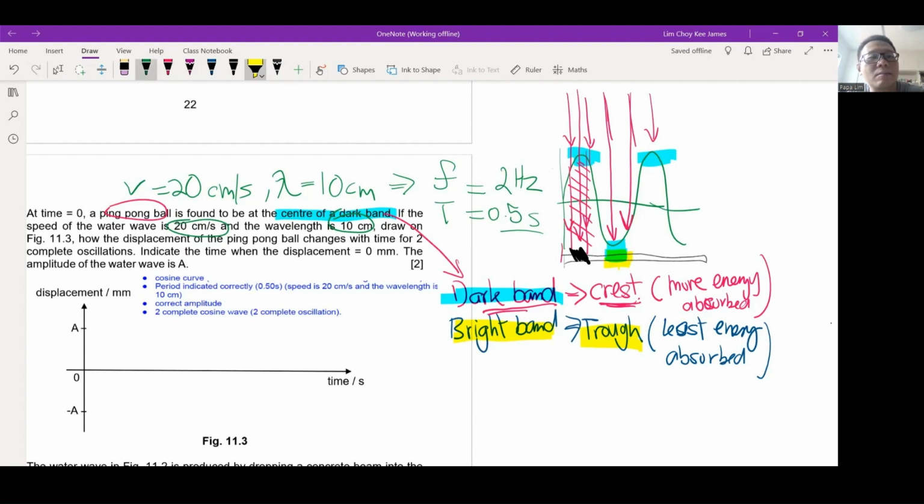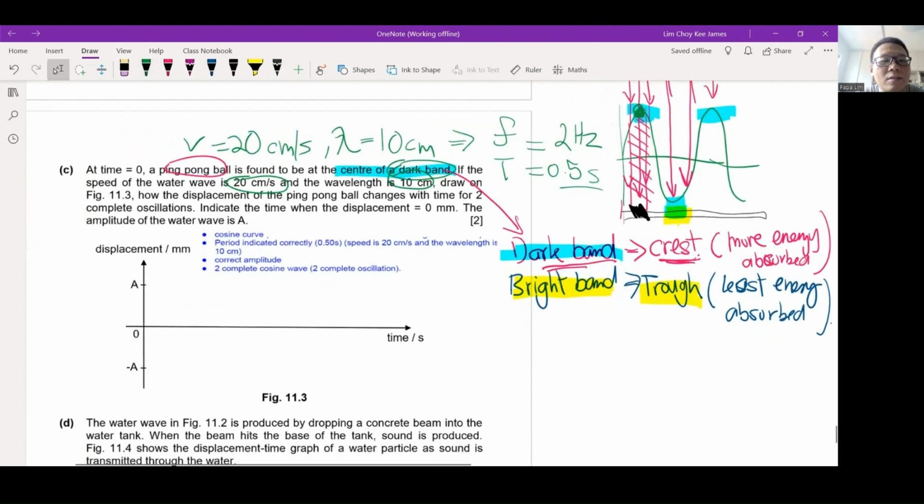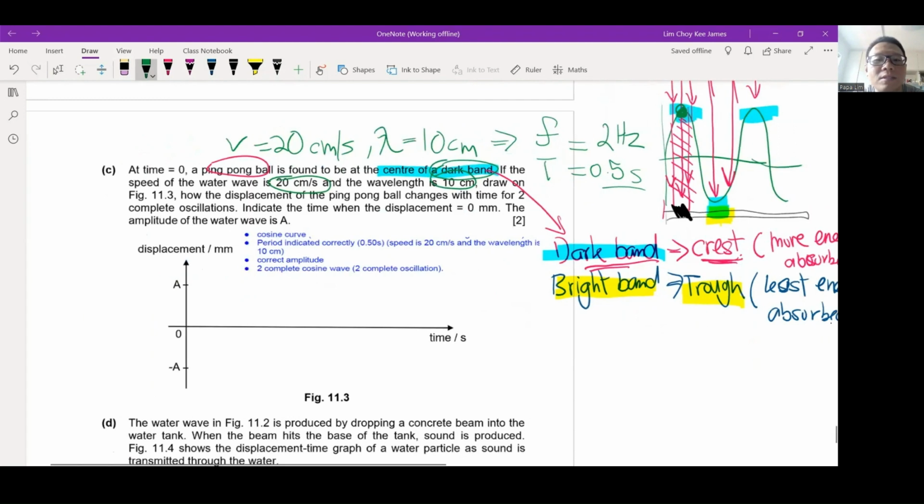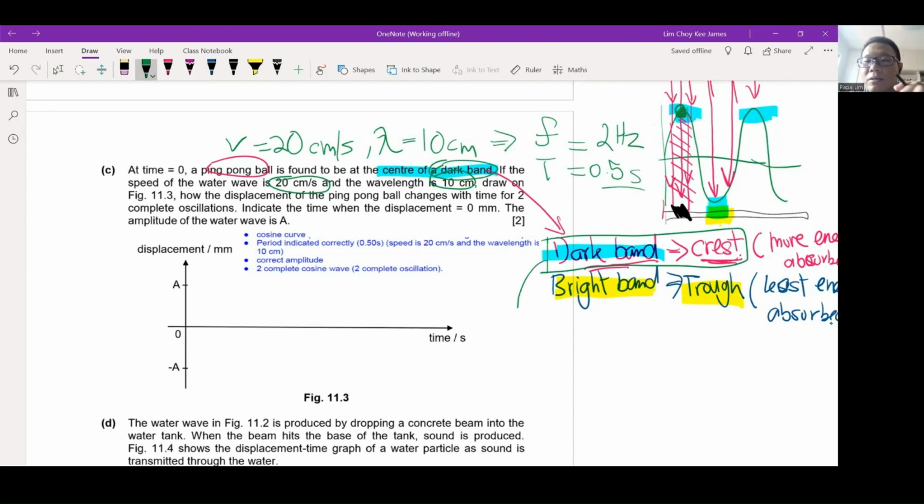So when this question mentioned that it is the dark band, it means that the ping pong ball is at the top of the wave itself, which is what we call the crest of the wave. So when we talk about the location, the ping pong ball is at the top of the wave. At this particular location, your ping pong ball is at the crest, which means it has the maximum amplitude.